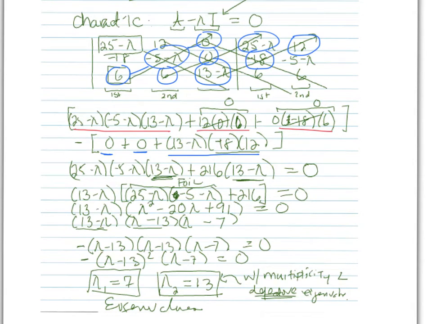Let's make sure I didn't miss anything. So this is 0, this is gone, this is gone. There's my 13 minus lambda, but I still have that negative in there, so I have to multiply it in. That's why this is positive 216.